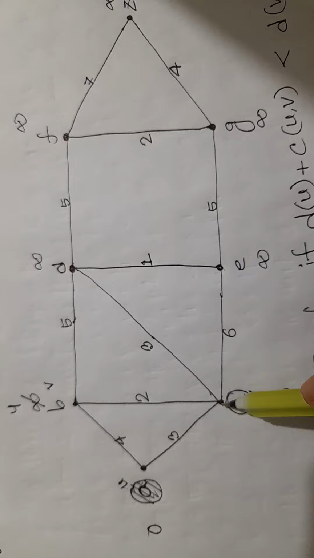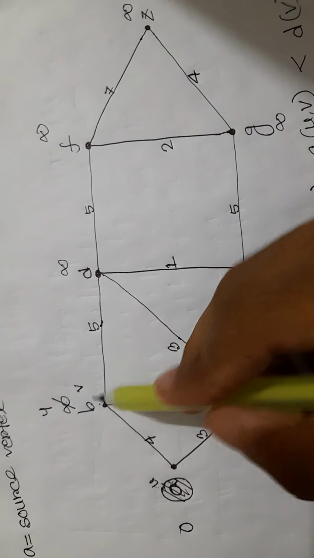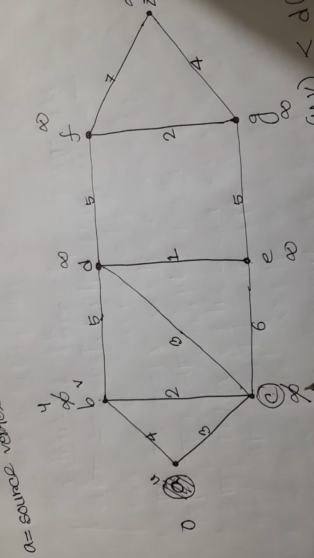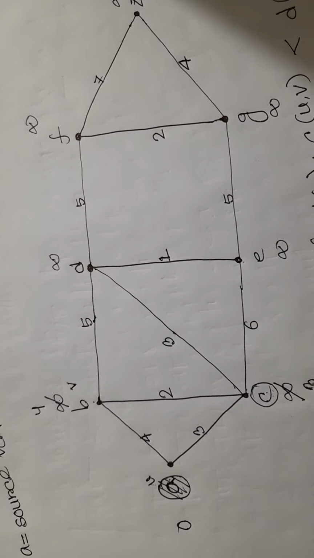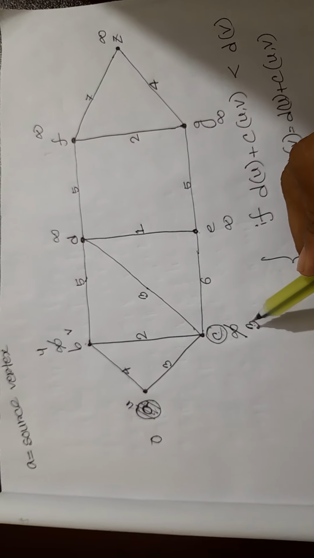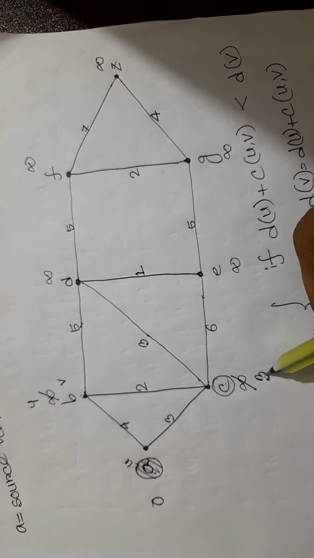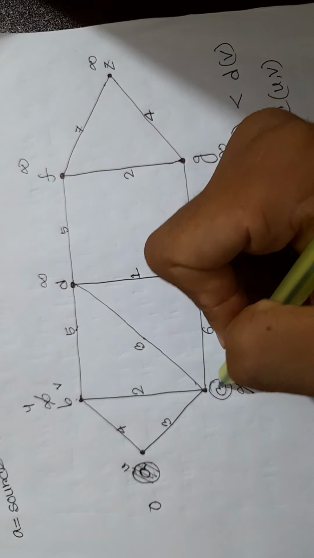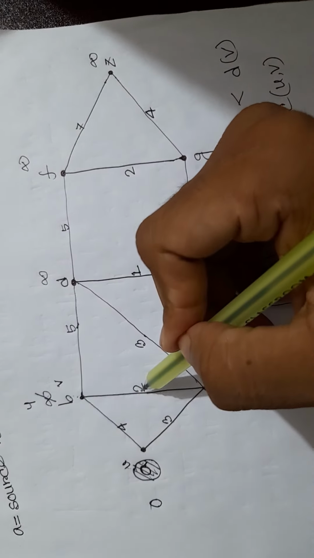So at first we visit C to B. Here the distance of C equals to 3, and the cost of CB equals to 2.